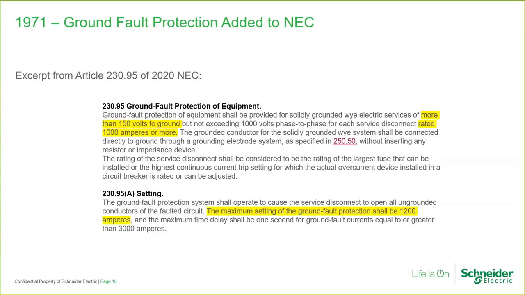Ground fault protection of equipment shall be provided for solidly grounded Y electric services of more than 150 volts to ground for each service disconnect rated 1000 amps or more. Furthermore, the maximum setting of the ground fault protection shall be 1200 amps with a maximum time delay of 1 second.